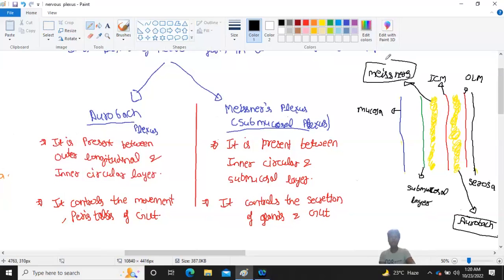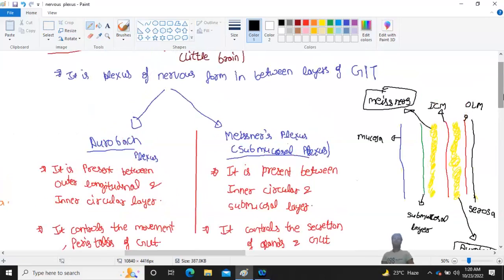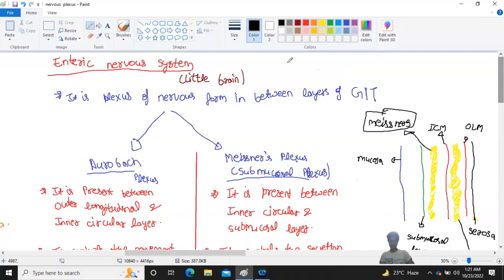Done. So how it is present, how it controls. It can take impulses from the higher center, but it can also regulate independently. Done. So this is the enteric nervous system.